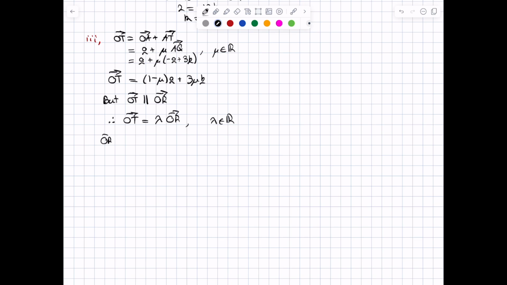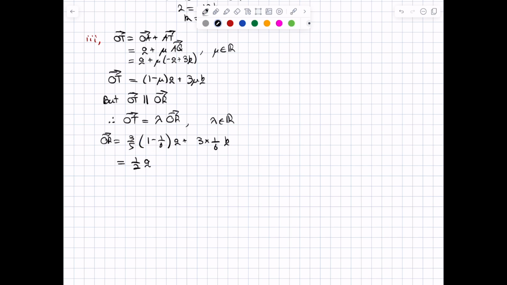Now OR is equal to 3/5 into (1 minus K), but we said that K was equal to 1/6, plus 3 times K, B. So this is 5 on 6. 3 on 5 times 5 on 6 is 3 on 6, which is a half.